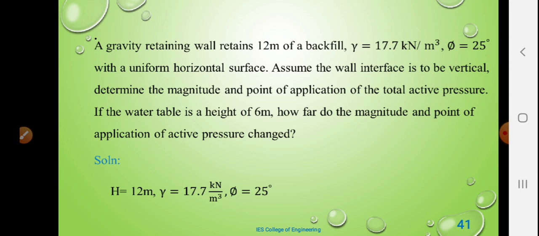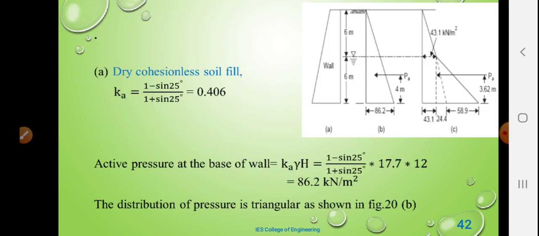So, firstly we have to consider the condition without water pressure. The given values are h equal to 12 meter, gamma equal to 17.7 and phi equal to 25. So, first case, dry cohesionless soil fill. That means there is no water table. So, Ka equal to 1 minus sin 25 by 1 plus sin 25 equal to 0.406, and active pressure at the base equal to Ka gamma h, that means 86.2 kN per meter square.